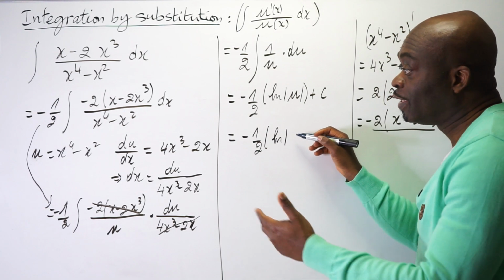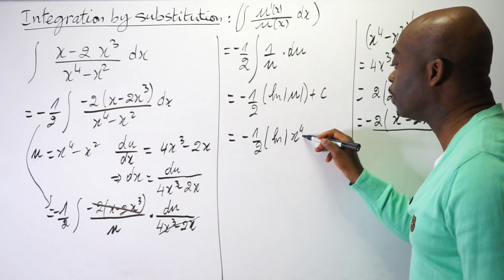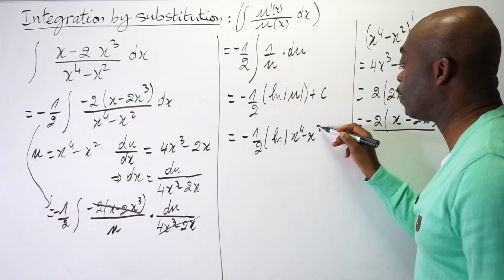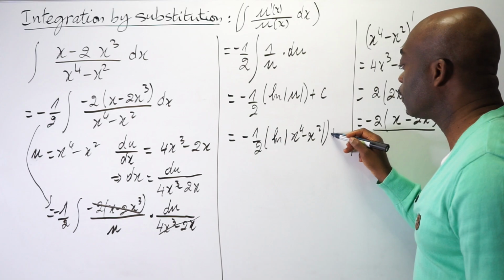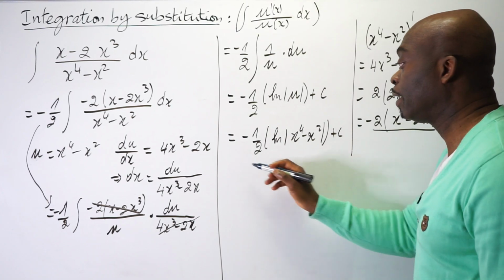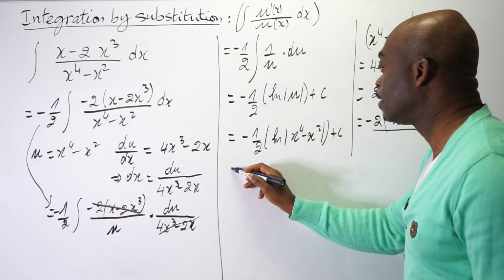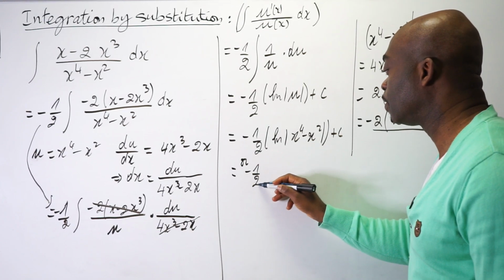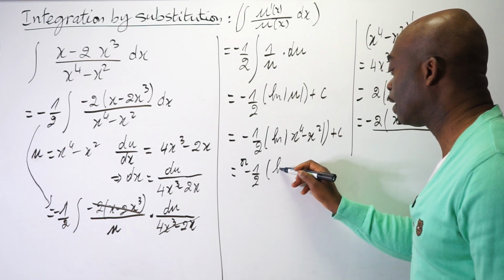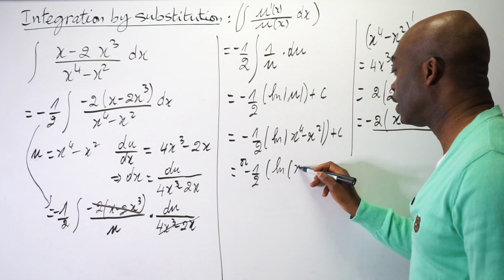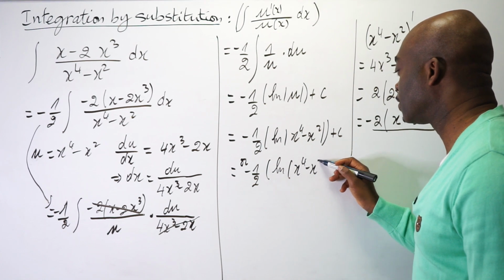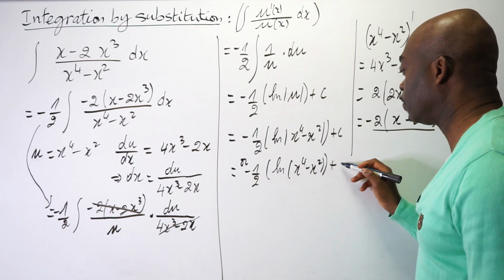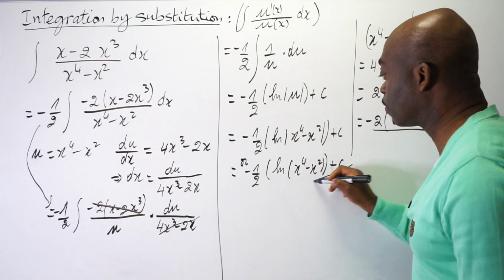Instead of having u, now we have x to the 4th power minus x to the 2nd power plus c. Okay? And then this one is equal to what? So all this can just be negative 1 over 2 times ln of x to the 4th power minus x to the 2nd power plus c. So it's either or is correct.